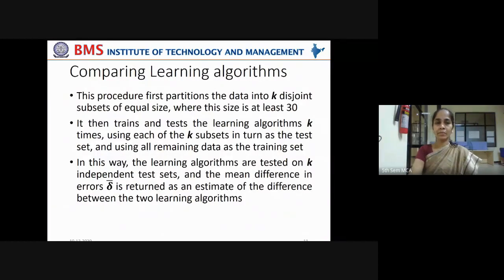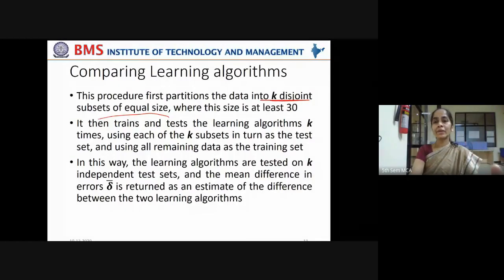This procedure first partitions the data into k disjoint subsets of equal size. Once again, I'm repeating the same thing so that you understand better. Here k is equal to 10, where the size is at least 30.